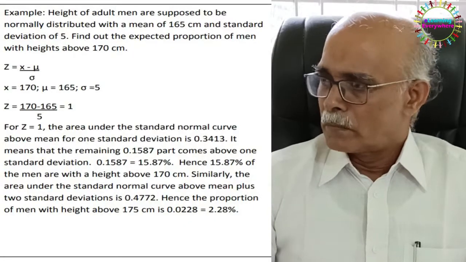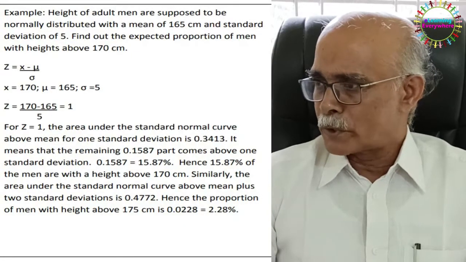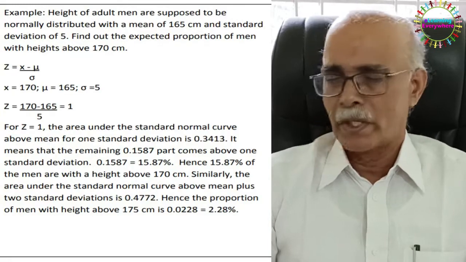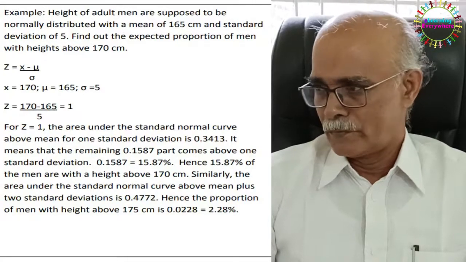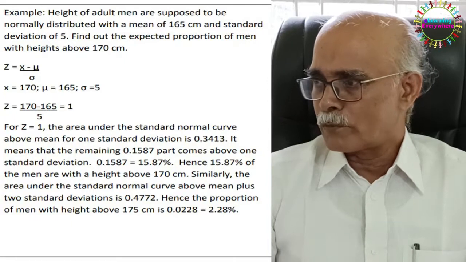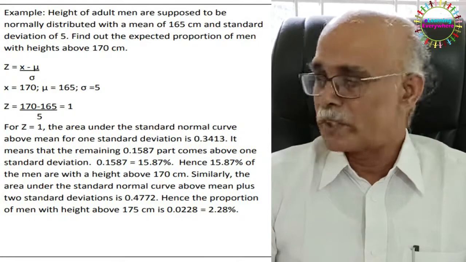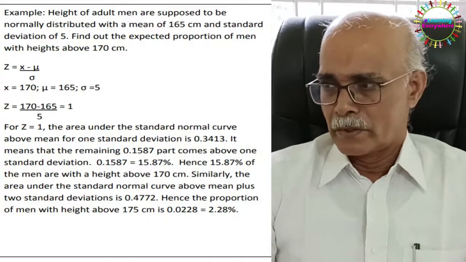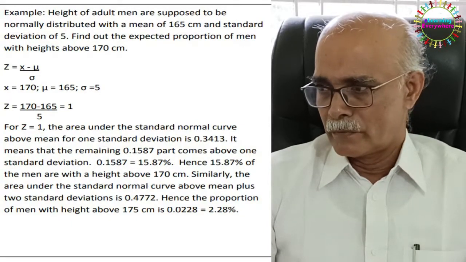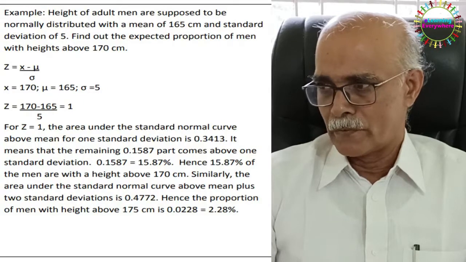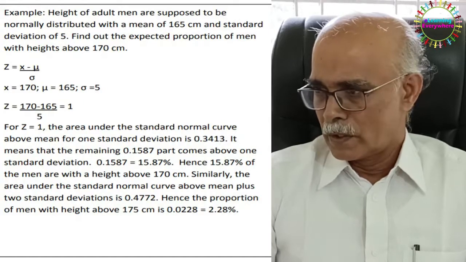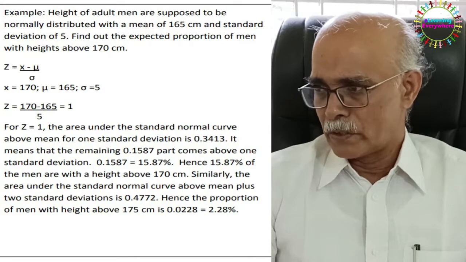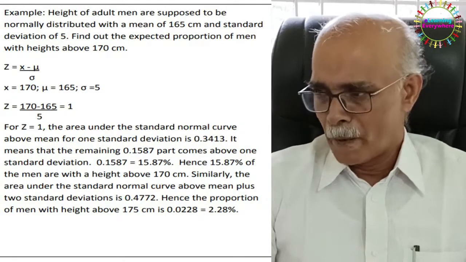An example: height of adult men are supposed to be normally distributed with a mean of 165 centimeter and standard deviation of 5. Find out the proportion of men with heights above 170 centimeter. You have to find out the position of x, or you have to find out z. Z is equal to x minus mu divided by sigma.